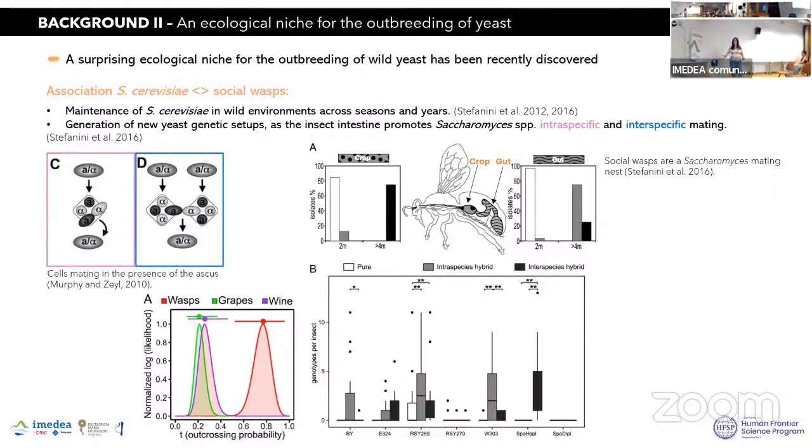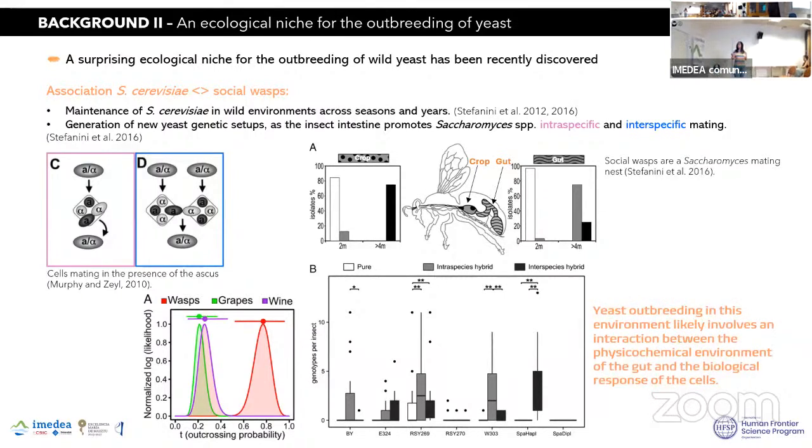Then, when yeasts mate, what was the frequency of mating doing the outcrossing instead of the inbreeding, okay? And they saw, as you can see, that the interspecies hybrids were very high in the crop and in the gut, and we could say that social wasps are Saccharomyces mating nests, okay?